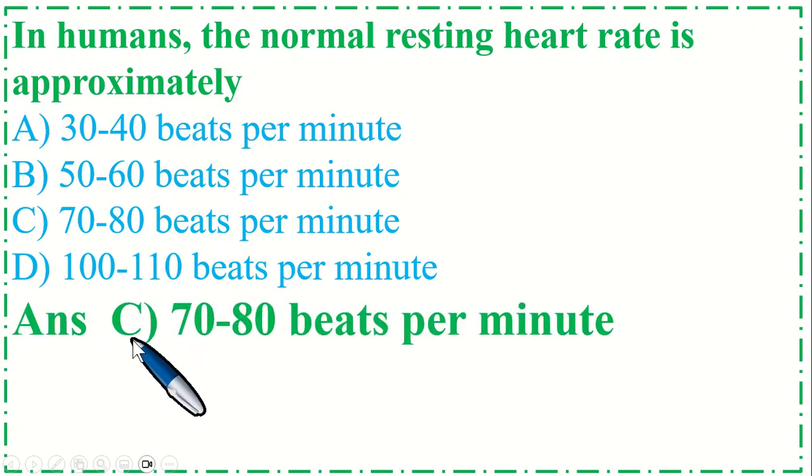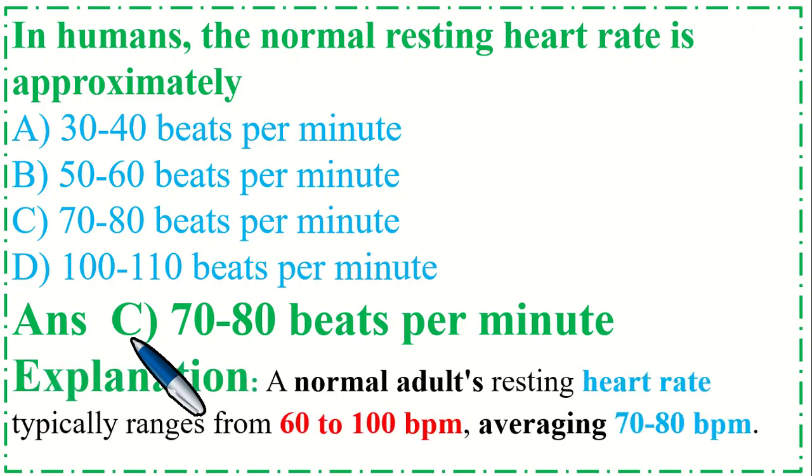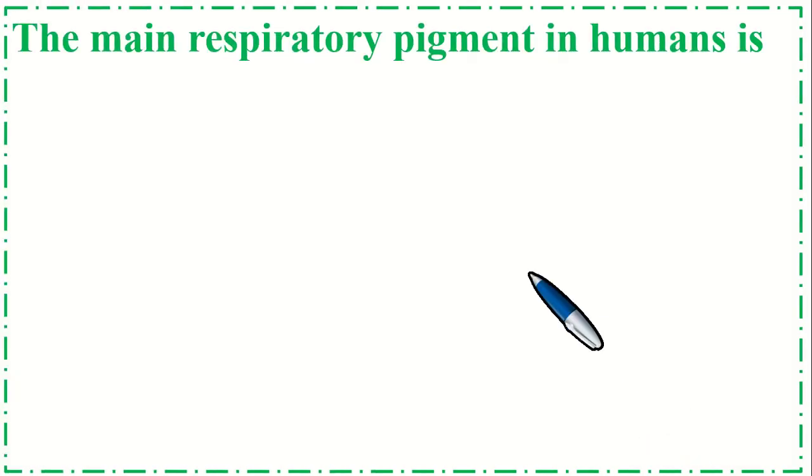So the correct option is C 70 to 80 beats per minute. A normal adult's resting heart rate typically ranges from 60 to 100 BPM, but the average heart rate is 70 to 80 beats per minute. So this is very important MCQ.